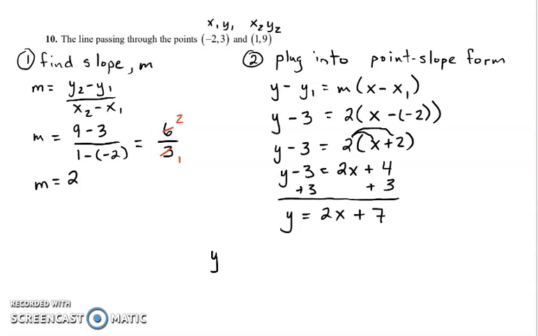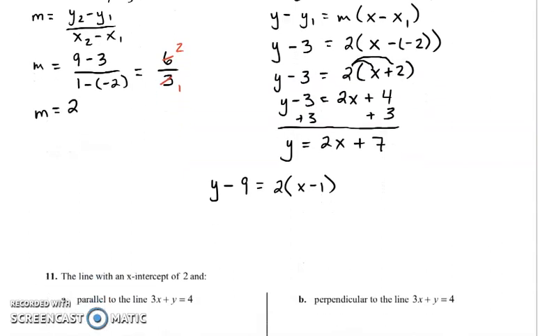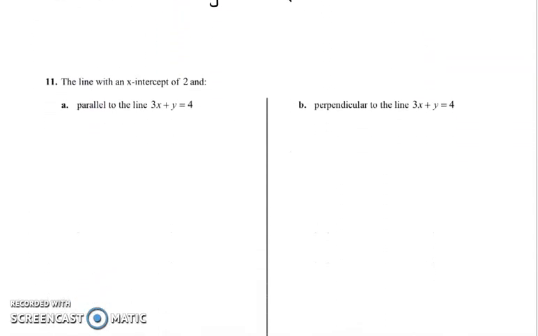You would start with y minus 9 equals 2 times x minus 1. And if you solve that for slope-intercept, you should come up with exactly the same equation. Okay. Let's scroll down to the next couple of problems.